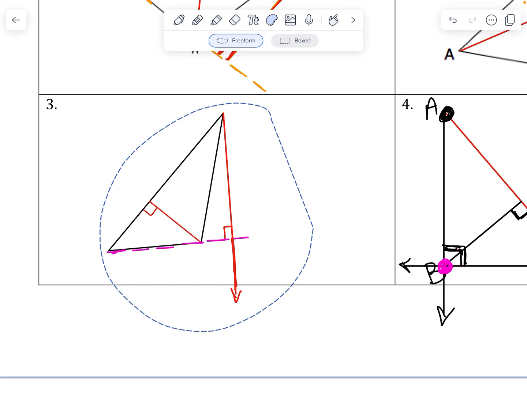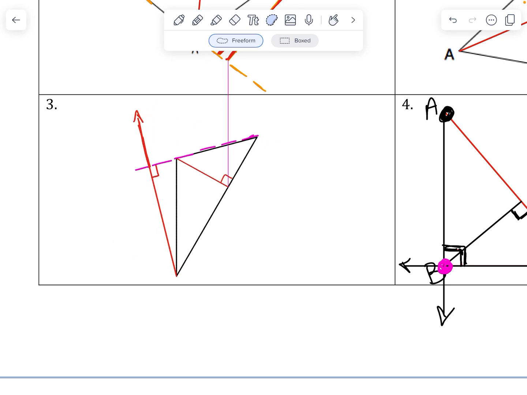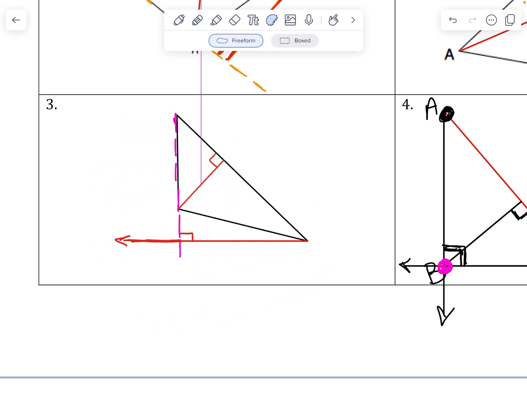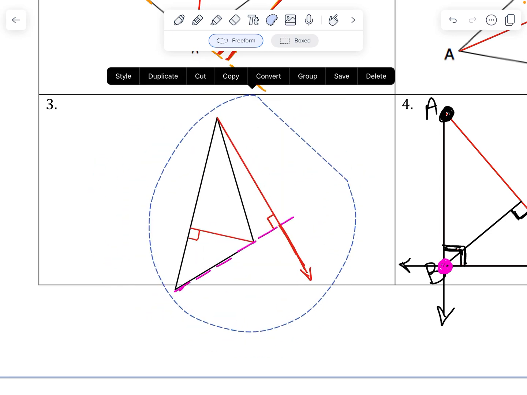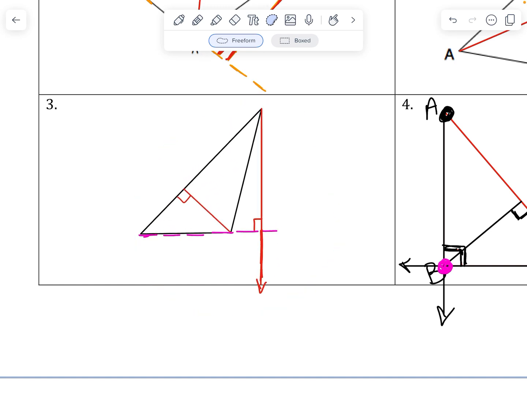And I would turn my page one more time. Turn my triangle so I can find the 90-degree angle from each corner, and they're going to end up meeting. Let's see. Let me extend this one.